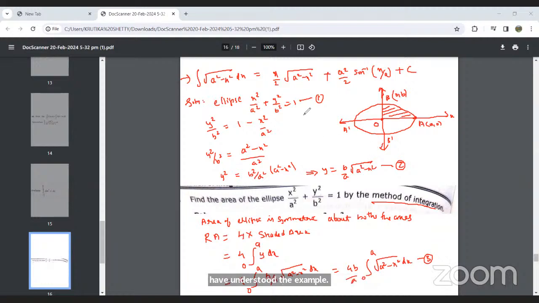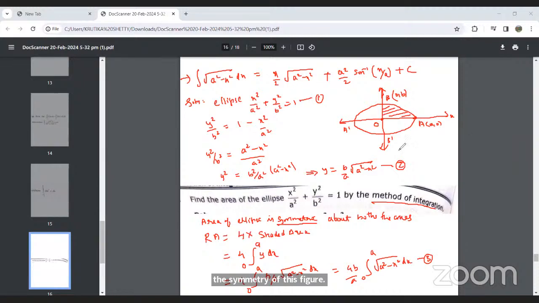First what we have done is we have converted the given equation in terms of y. This is the first step. Then we are drawing the figure, and after drawing the figure, we need to check the symmetry of this figure. This ellipse is symmetric about both the axes.